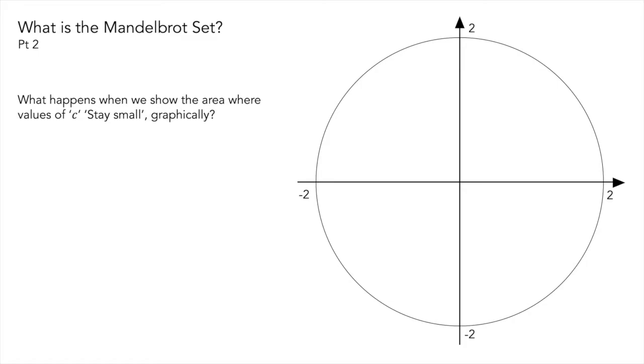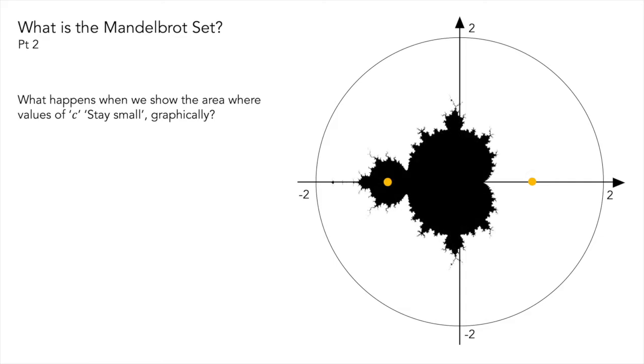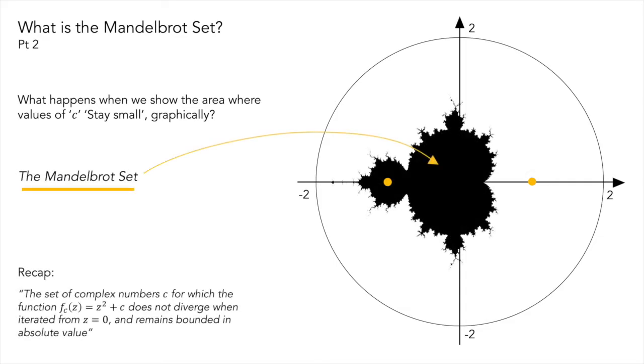And we tried two numbers, -1 and 1, and if you remember, -1 stayed small, but 1 didn't. So we know that not all of the points within this area are going to stay small. And if we keep on trying lots and lots of numbers, we get this black area, which is the Mandelbrot set. To recap, it is the set of the complex numbers c for which that function does not get large and instead remains bounded within 2.